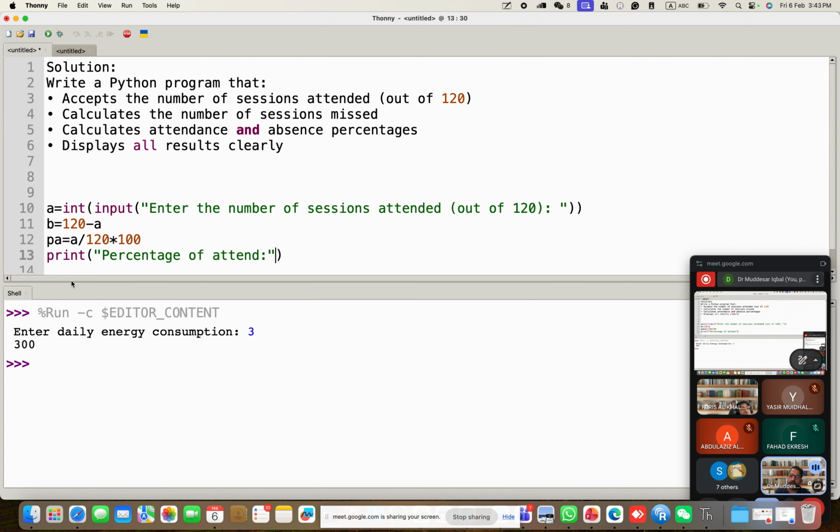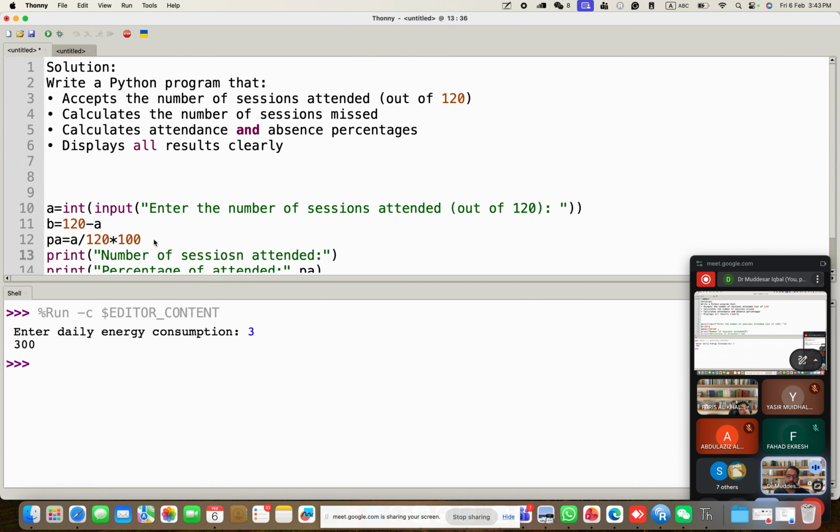Percentage attended, session attended is equal to PA, right, comma. And you can also say here the number of sessions attended. Okay, you can say print number of sessions attended.